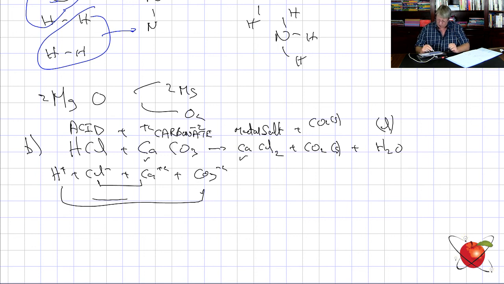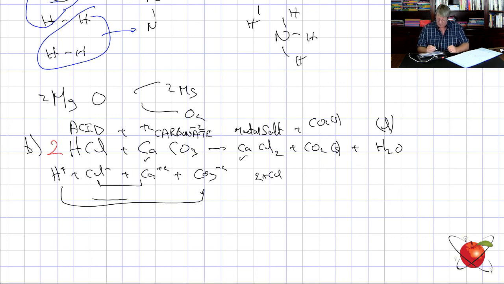Chlorine, hang on. Problem. Remember I'm going with my metals, then my non-metals. 2 Cls here, only 1 Cl there. So I've got 2 Cl this side and only 1 that side. So I have to put in a balancing number of 2.